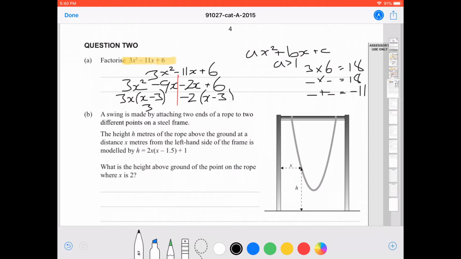We can further simplify and say 3x minus 2 becomes a factor, and we've got x minus 3. Okay, so for here, correct factorization, 3x minus 2 times x minus 3 gets you the achieved here.